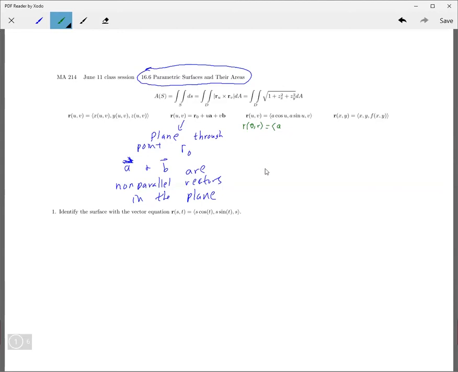Maybe not an r, maybe instead of an r, maybe I should put a z. So a cosine theta, a sine theta, z. Okay, so any idea what this is? And let's say a is some positive number.